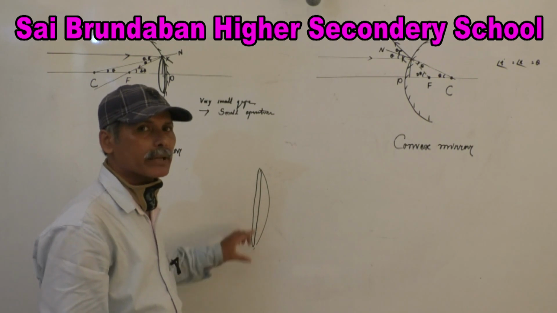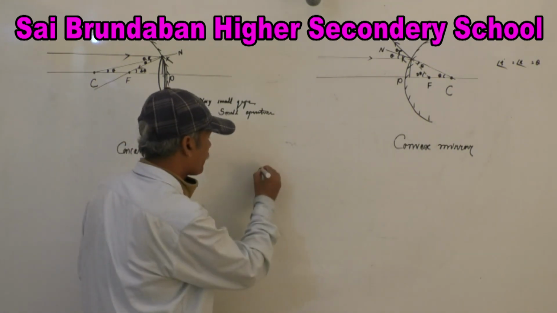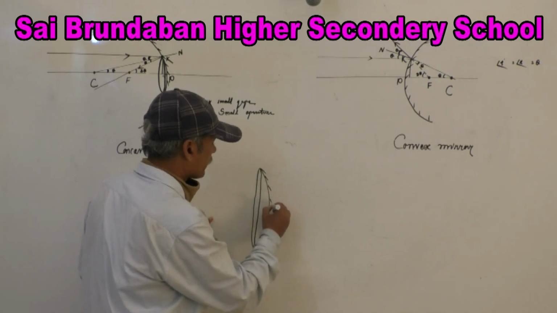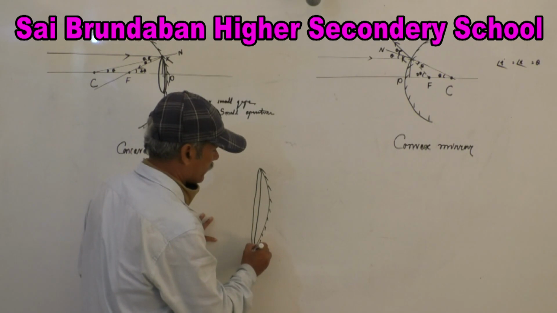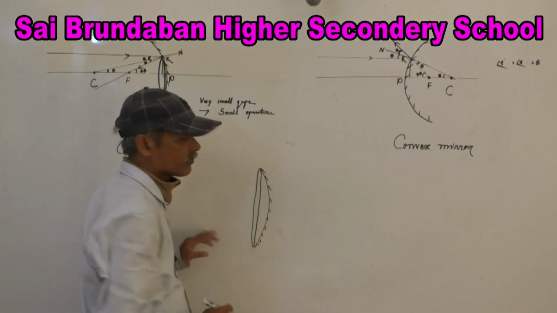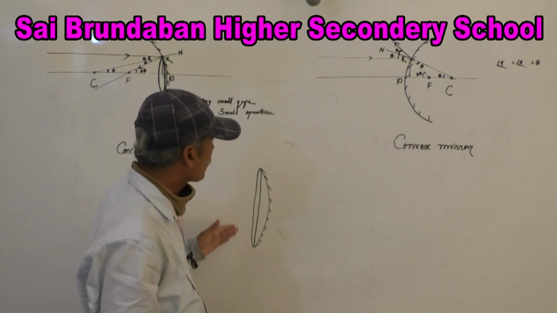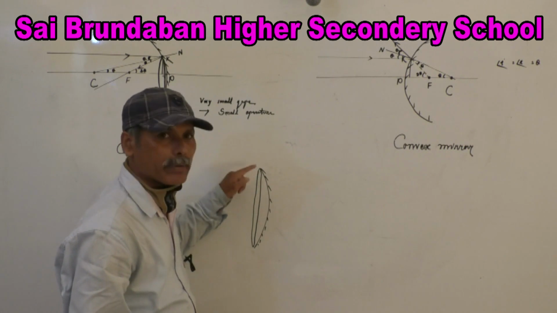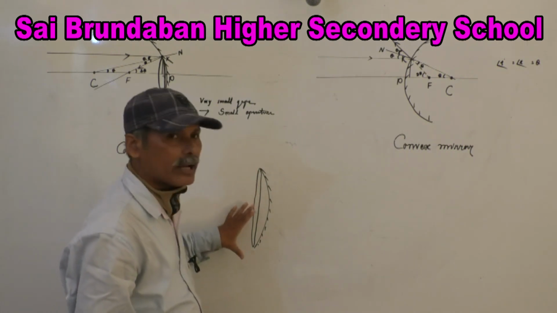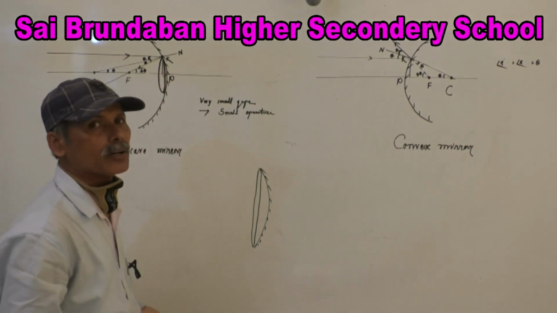This is a mirror. Let's say this is a concave mirror. The inner surface is the reflecting surface. So it is a concave mirror, and this is its aperture. And for small aperture, this gap is small.